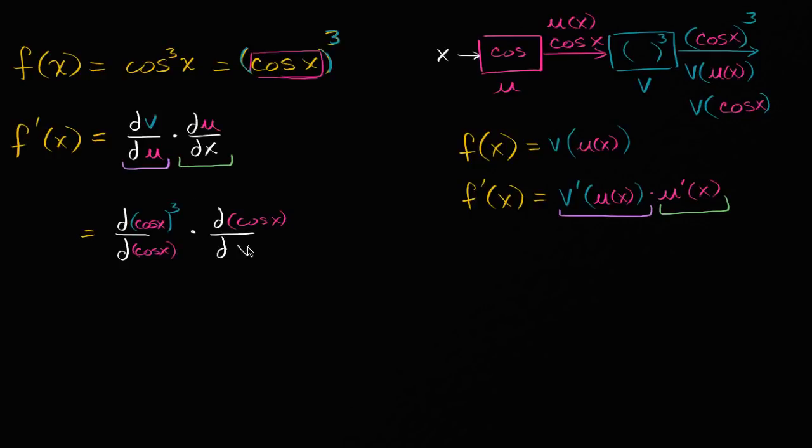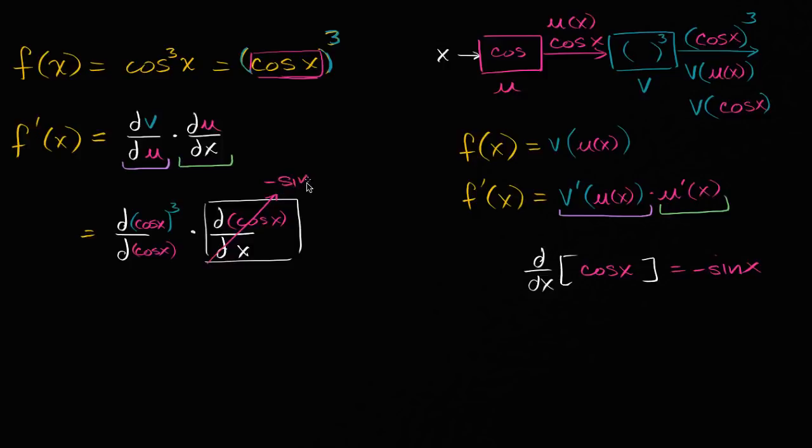So this one we've seen before. We know that the derivative with respect to x of cosine of x is equal to negative sine of x. So this one right over here is negative sine of x.